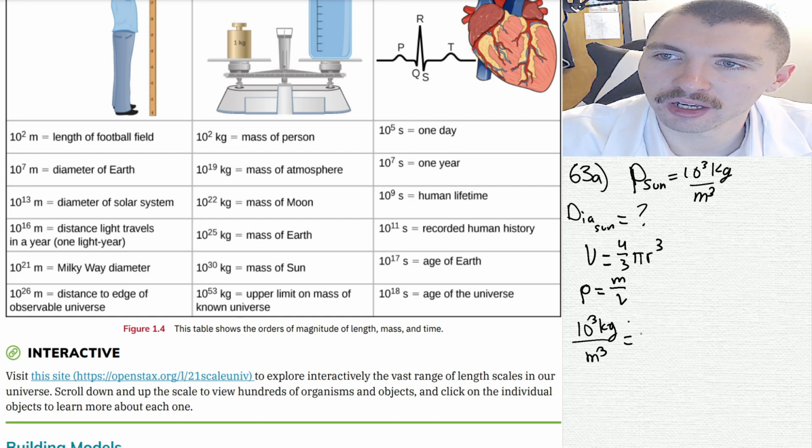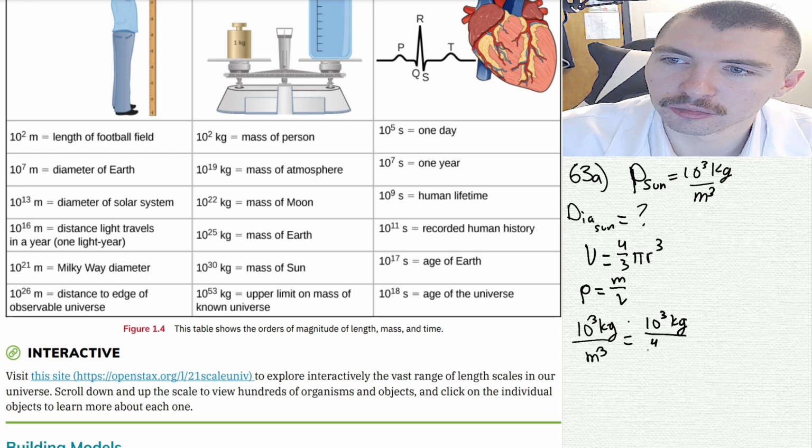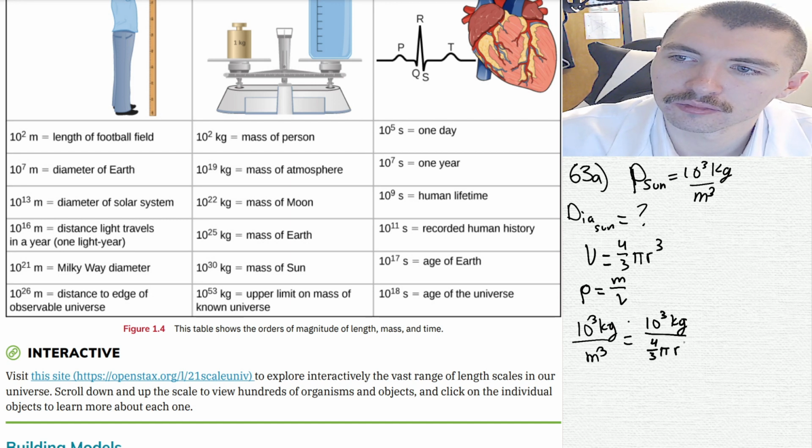Diameter is 2 times r. So the mass of the sun is 10 to the 30, and the volume is going to be 4/3 pi r cubed.